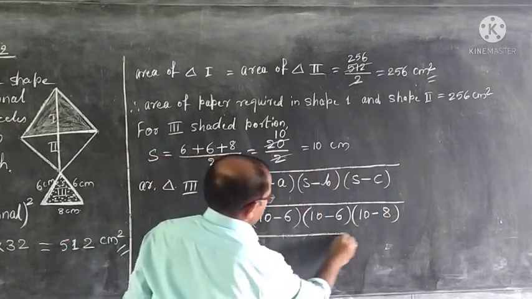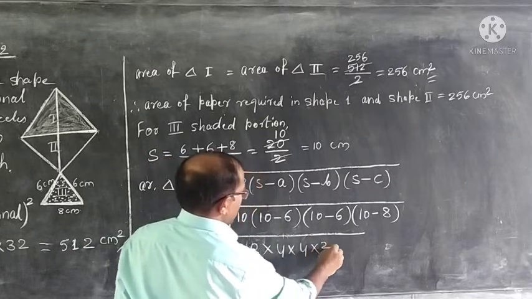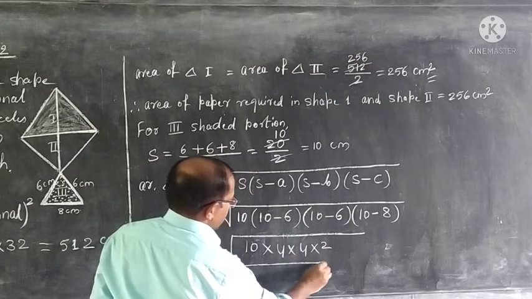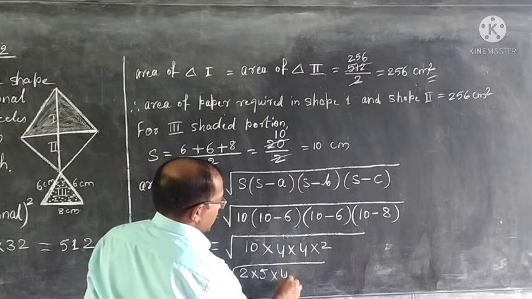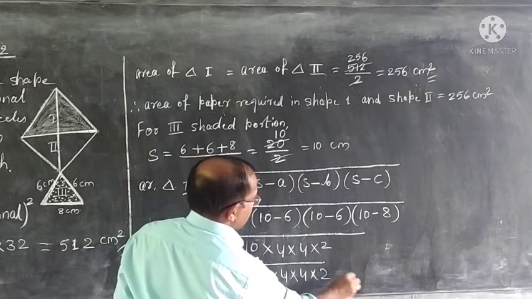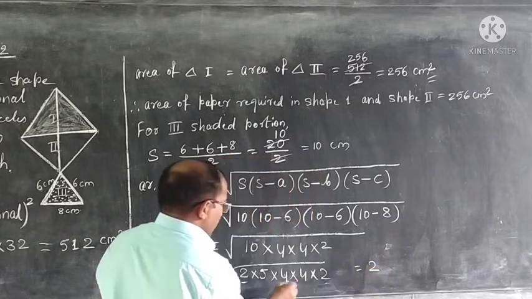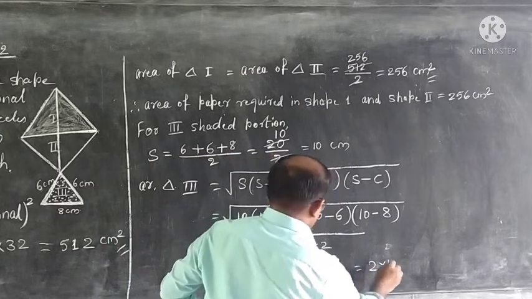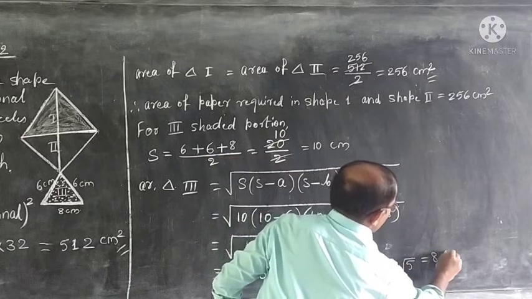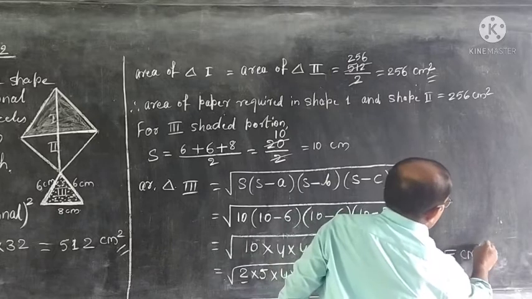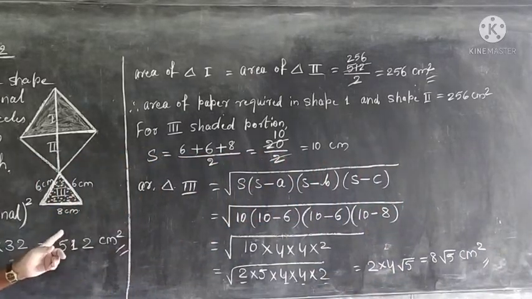We will get 10 into 4 into 4 into 2. 10 we can factorize, 2 5s. 4 4, no need to factorize, already 2 numbers are there, same number we can take out. So, what will come out? 2 2, 2, 4 4, 4. But root 5 will remain under root. Finally, we get 8 root 5 centimeter square is the area of this isosceles triangle.